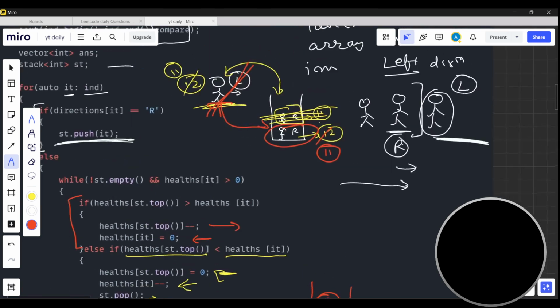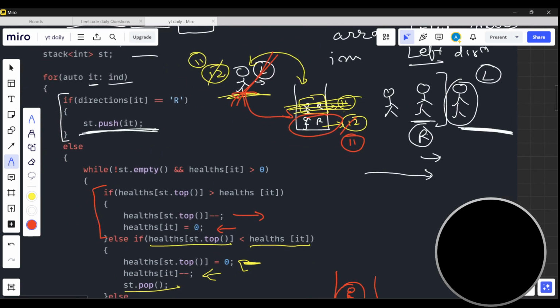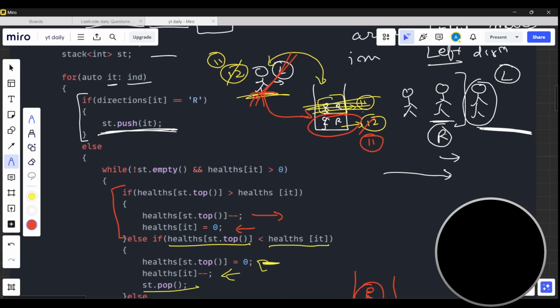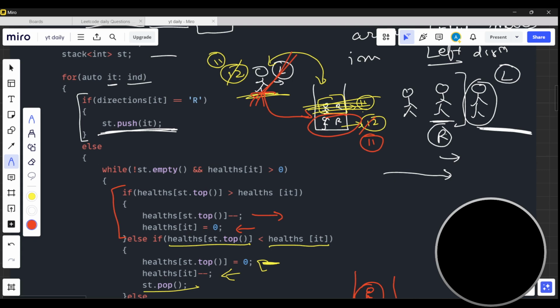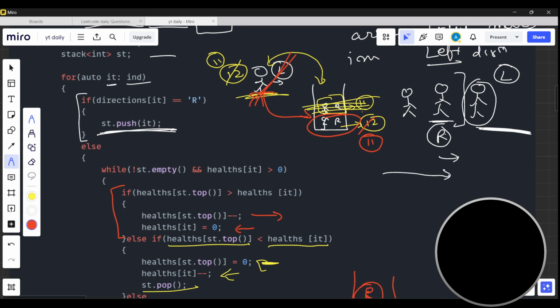Now here you see you are never pushing the left moving robot in the stack. So I asked the reason why.